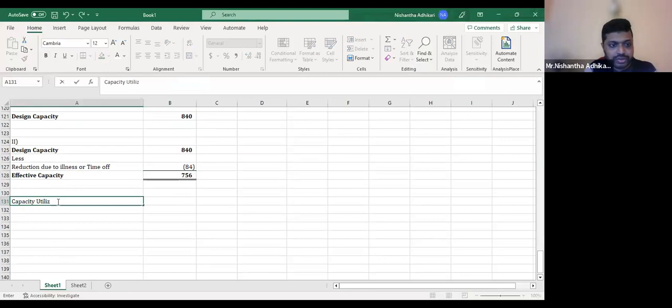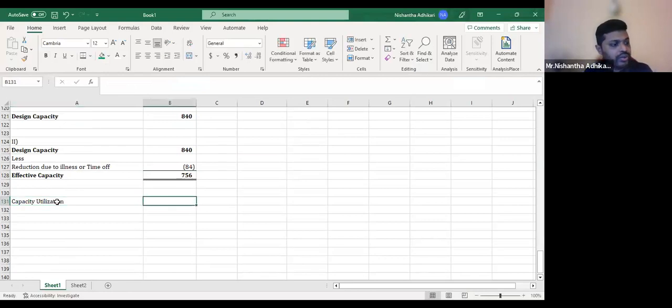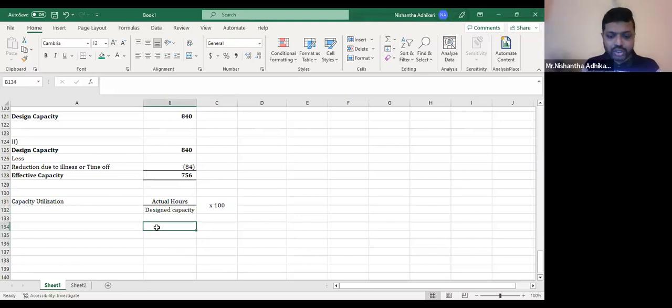When calculating capacity utilization, you take actual hours divided by design capacity, into 100. Here, actual hours are 650 and design capacity is 840.